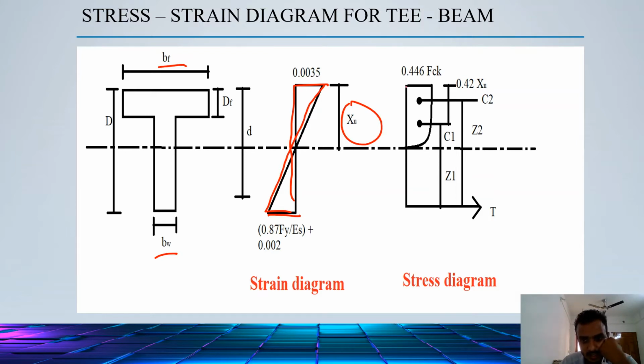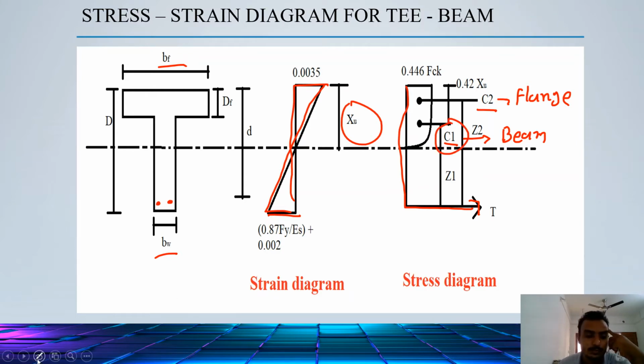But in the stress diagram, tension is at the steel, but we have two compression forces here, C2 and C1. C2 is for the flange and C1 is in the beam. But most important, we have to follow C1 for the beam.